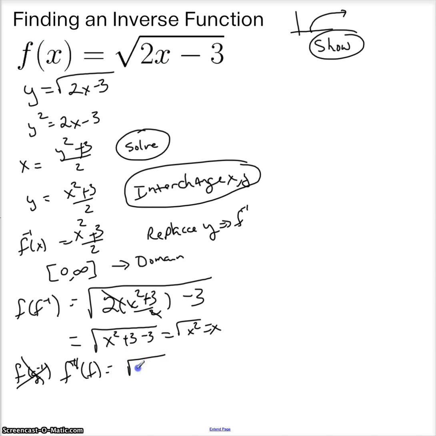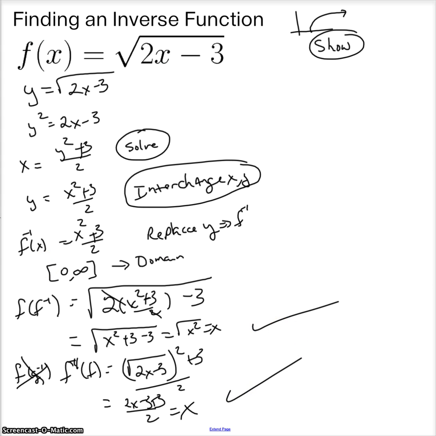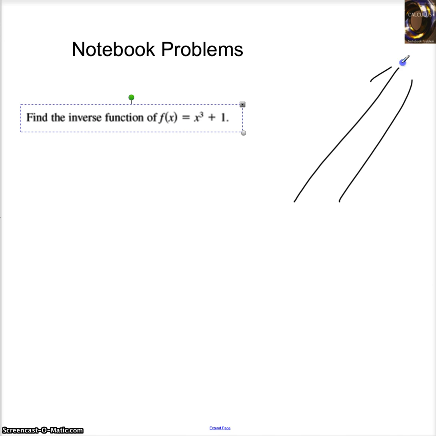So it's going to be the square root of 2x minus 3, squared, plus 3, divided by 2, which is 2x minus 3 plus 3 divided by 2, and lo and behold, yes, that is x. So I found my inverse function. We're done. You give this one a go. Make sure you verify everything.